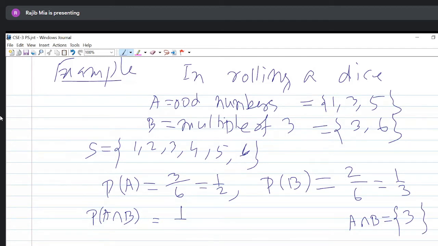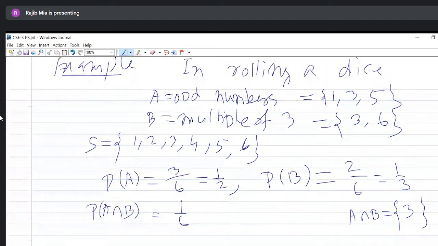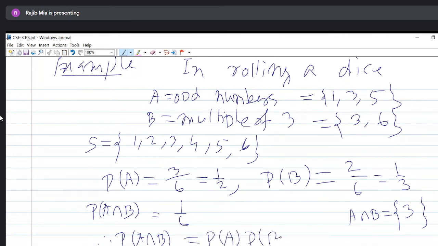So this is 1 by 6, probability of A intersection B. So hence probability of A intersection B equals probability of A and probability of B. So this implies here A and B are independent events.